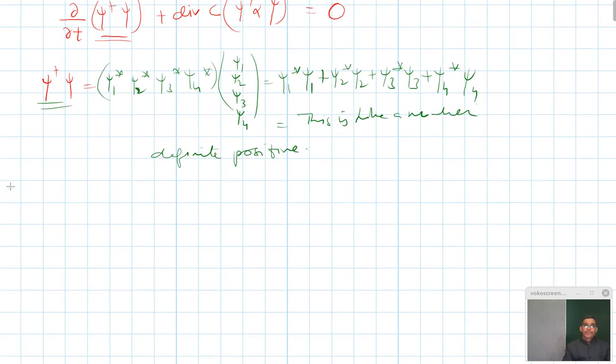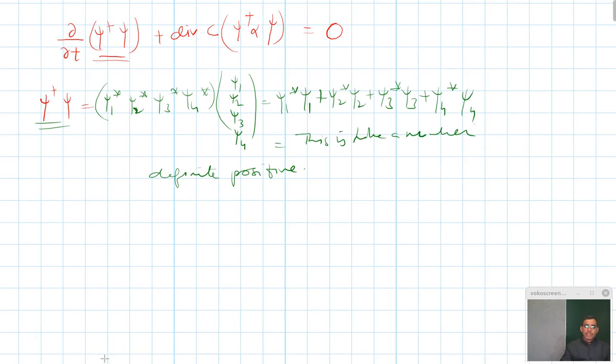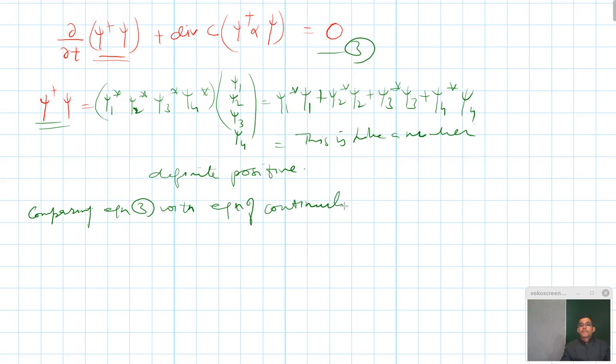Also, let me call this equation number 3. Comparing equation 3 with equation 4, then with the equation of continuity in quantum mechanics, it is curly rho by curly t plus divergence of j, and it must be equal to 0.